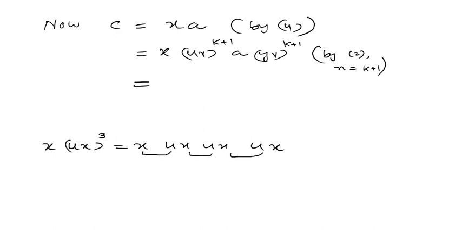So it is equal to xu power 3 then x. Do you understand this? You can expand it and easily do this. So this is equal to xu power k plus 1 then x.